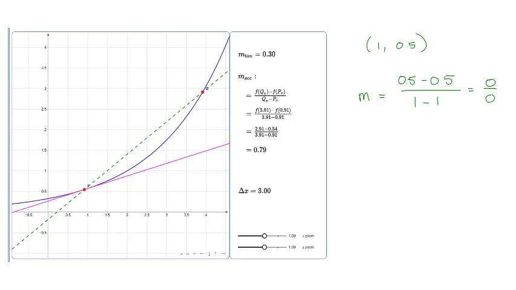However, this 0 over 0, if you'll recall from our limits, is an indicator that there's probably some sort of algebraic reduction that we could do and actually come up with this value through the limiting process. And that's effectively what we're going to do.